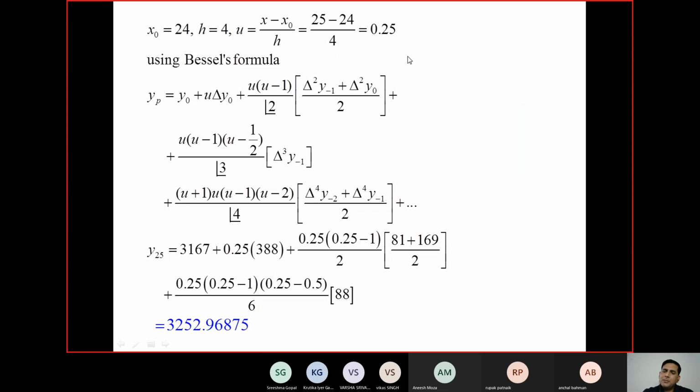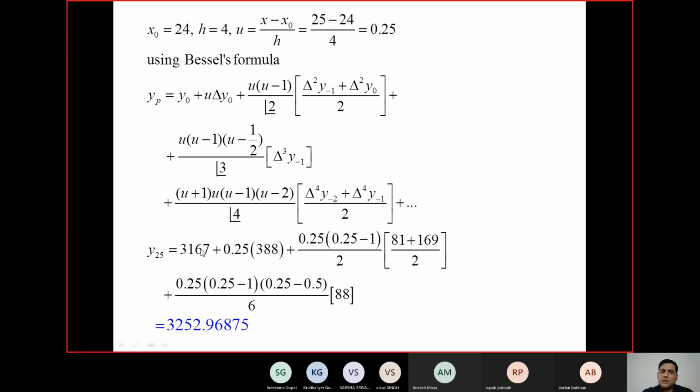And I hope a long time back we told that if your alpha value is between minus 0.25 to 0.25, then your approximation is correct. That's what we told a long time back. So this is your Bessel's formula you have here, and now you just substitute the values there.